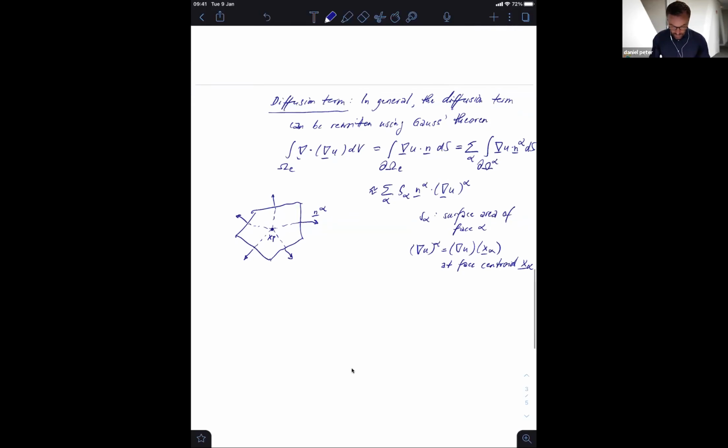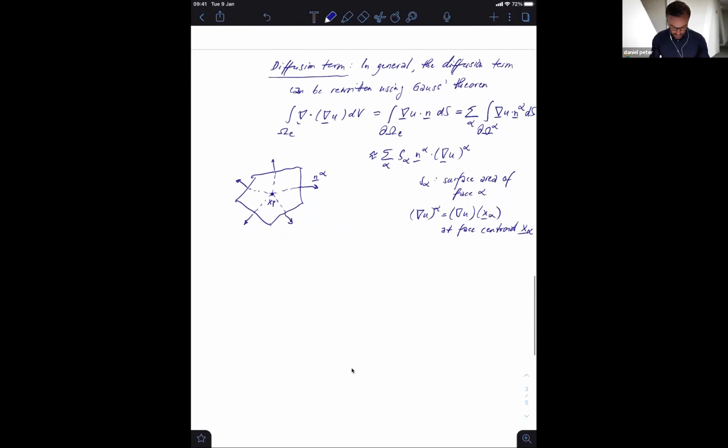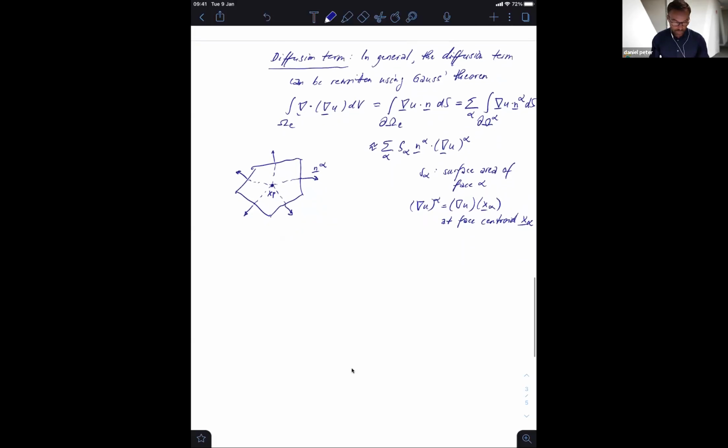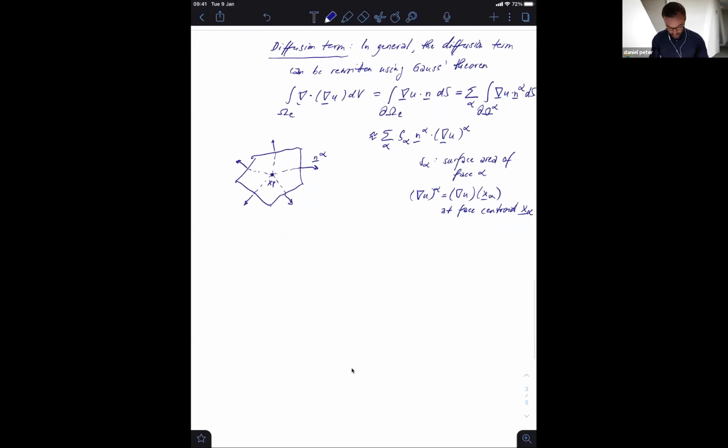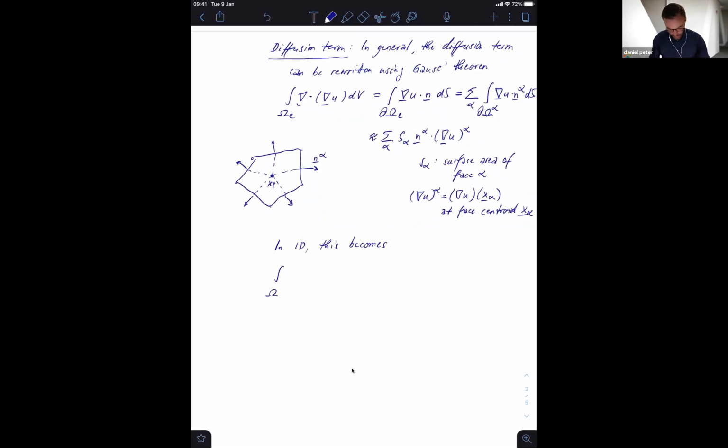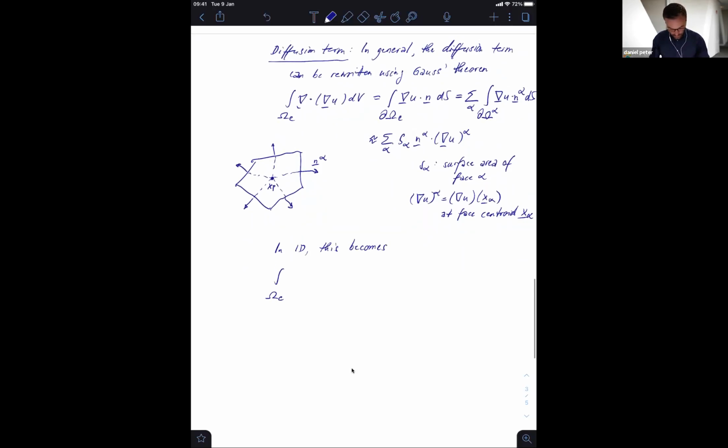So in 1D we can simplify this a little bit. So you see our integral term looks like that in 1D.